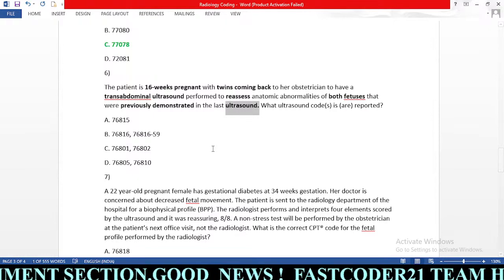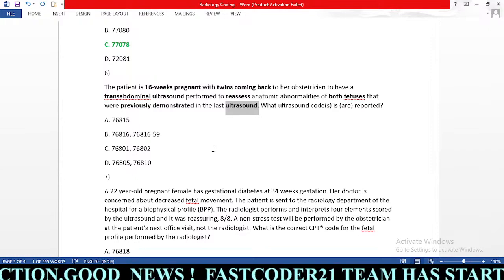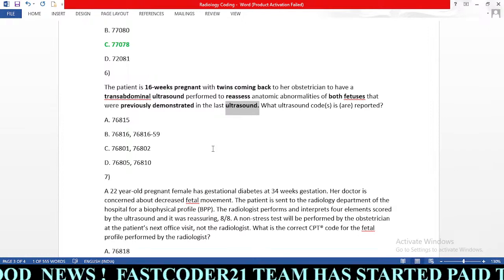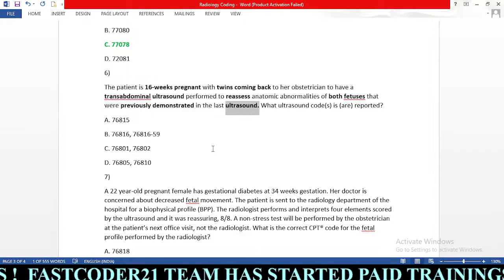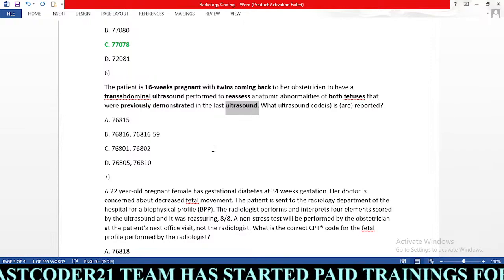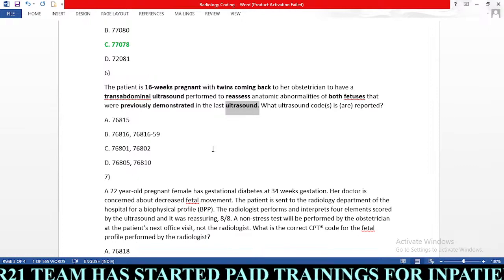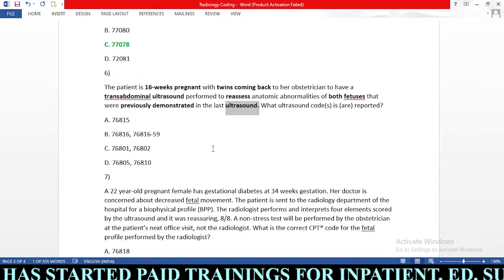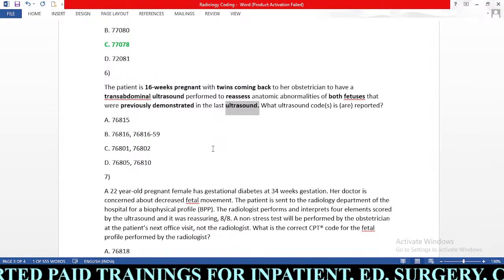We will check 76805. Ultrasound pregnant uterus, real time with image documentation, fetal and maternal evaluation after first trimester, trans-abdominal approach, single or first gestation. But this is a little bit correct. 50% answer is correct, but we can't choose this answer. We need to check remaining A and B also.